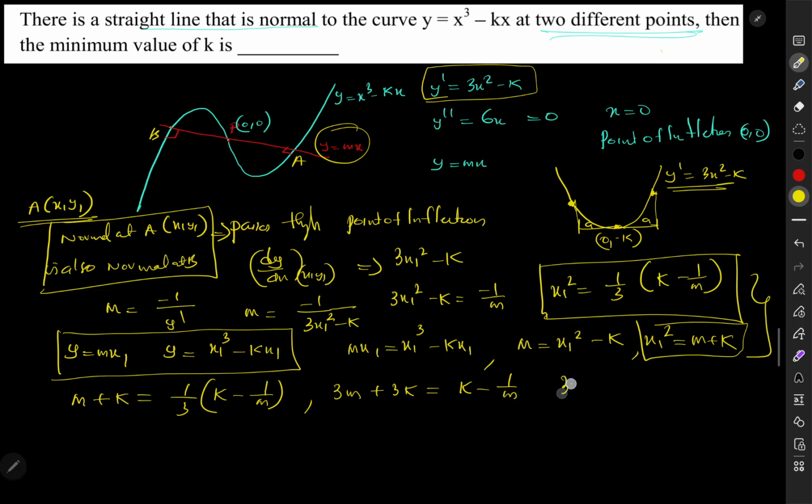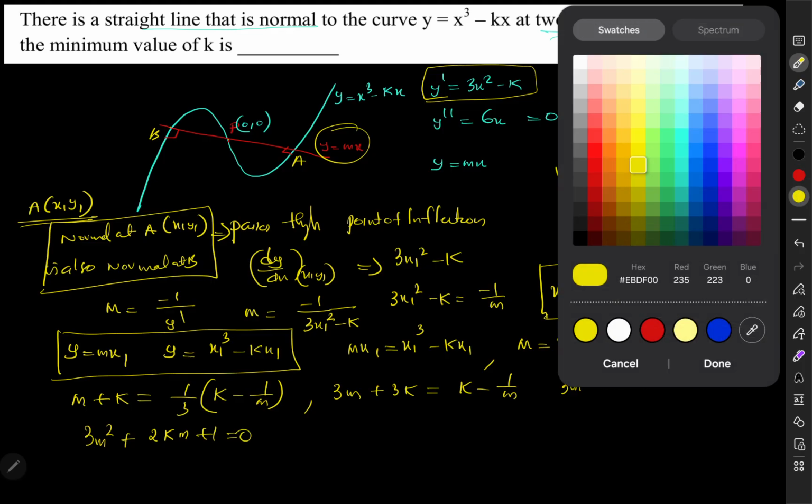So we get 3m square plus 3km equal to km minus 1. This is 3m square plus 2km plus 1 equal to 0.